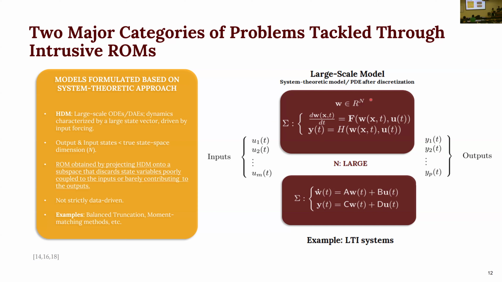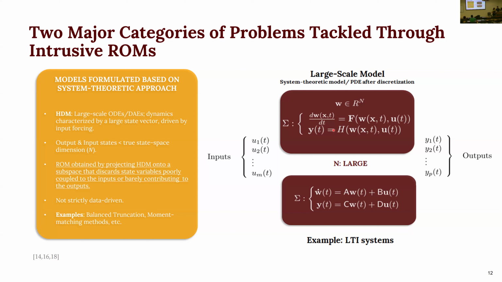Now, the way reduced order models are obtained for this kind of models is that they're obtained by projecting the high dimensional model onto a subspace that discards state variables that are poorly coupled to the inputs or that barely contribute to the outputs.